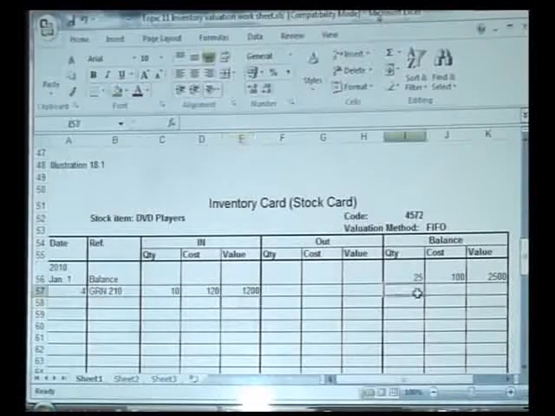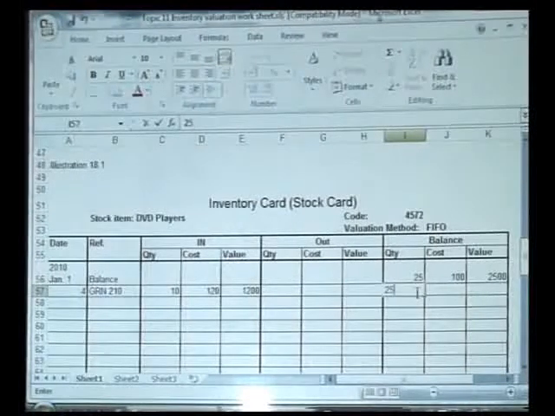So now, today is the 4th. After this transaction, the business has 2 layers of stock. One is 25, that was the opening balance, and today we purchased 10.